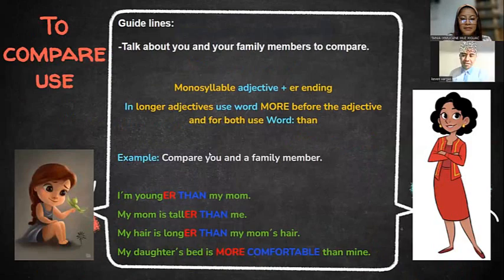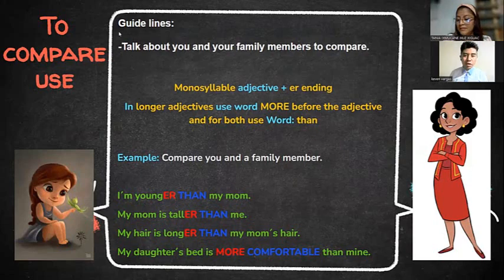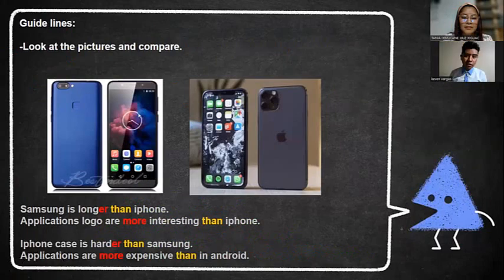We are going to be explaining the different sentences that we can formulate when comparing with long adjectives and short adjectives. Then we are going to ask them to read the guidelines and talk about their family and themselves to compare, and also about these products.